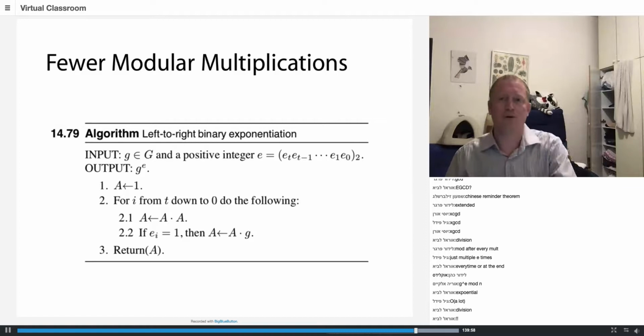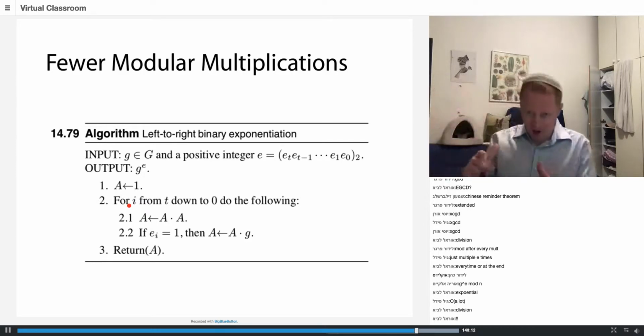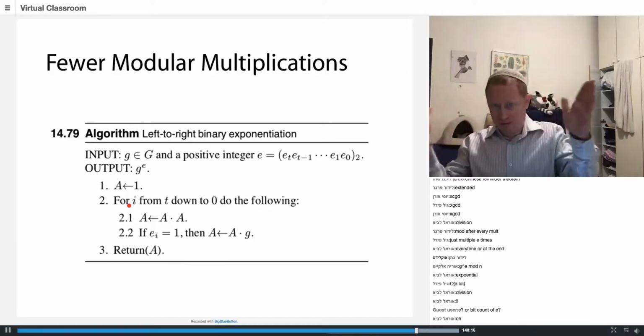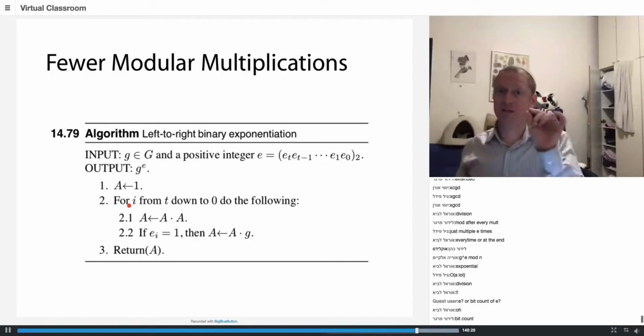How does it work? We want to output g to the power of e. So we're going to take our number and square it, and square it, and square it. Every time we square it, we get one more bit in the exponent, but the bit we get is 0.